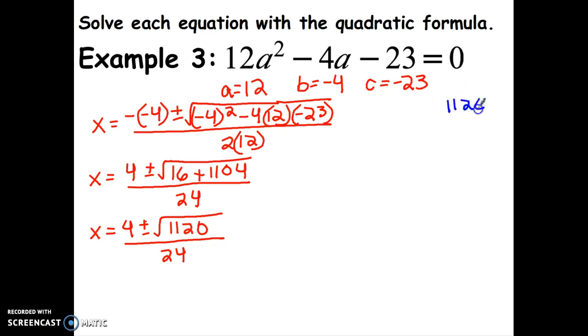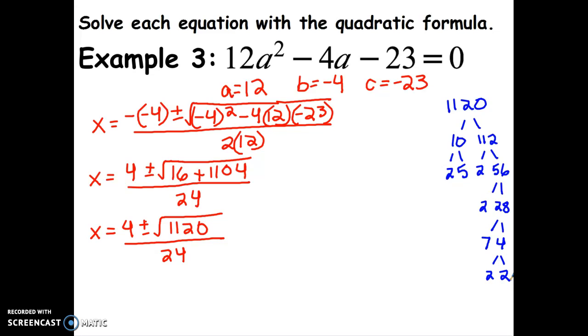So I'm going to take 1120, and that can break up into 10 times 112. 10 can break up into 2 and 5. Hopefully y'all remembering how to do this, right? So this would be 2 and 56. This would be 2 and 28. 7 and 4, and then 2 and 2.